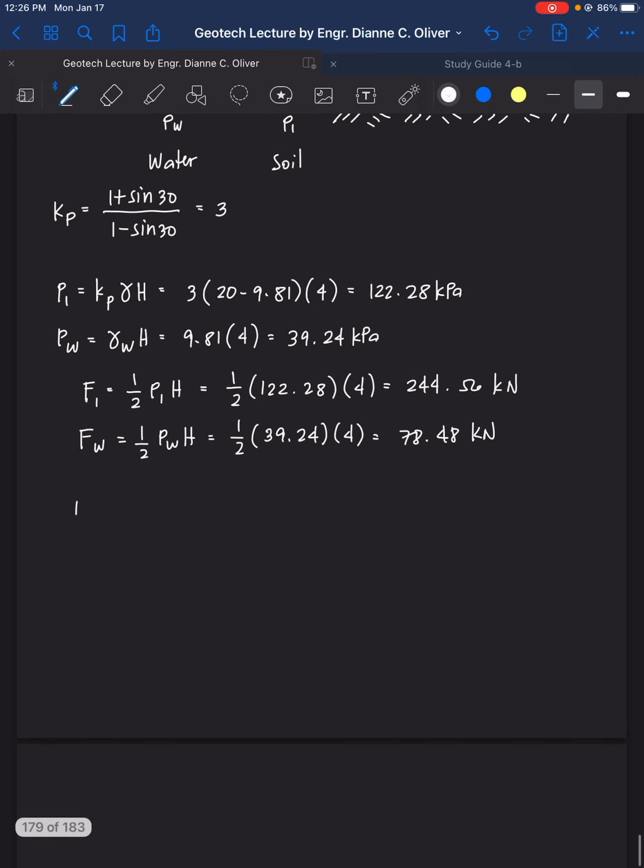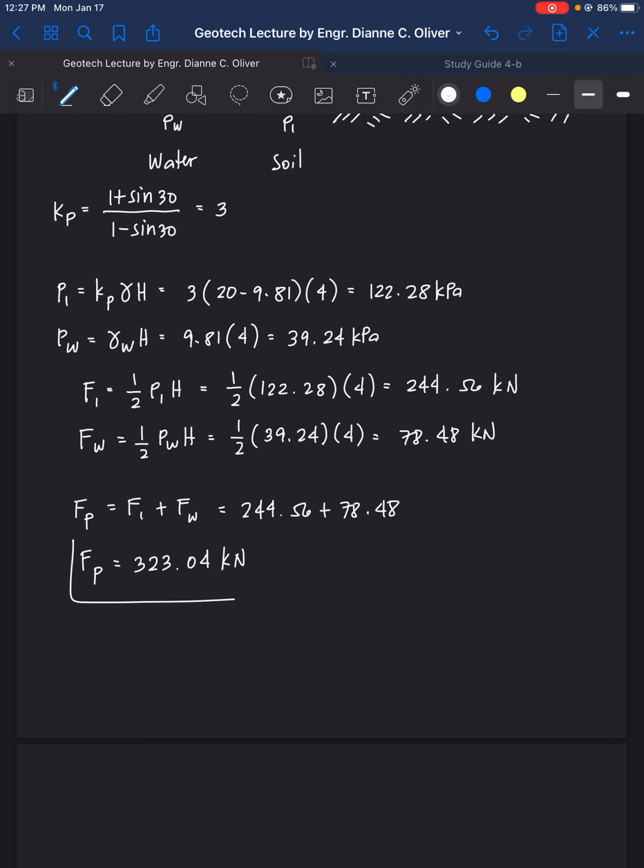So for total passive force, we now have F1 plus Fw. F1 being 244.56 plus 78.48. So Fp is now equal to 323.04 kilonewton.